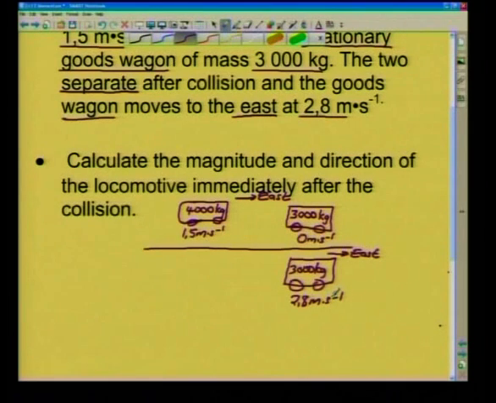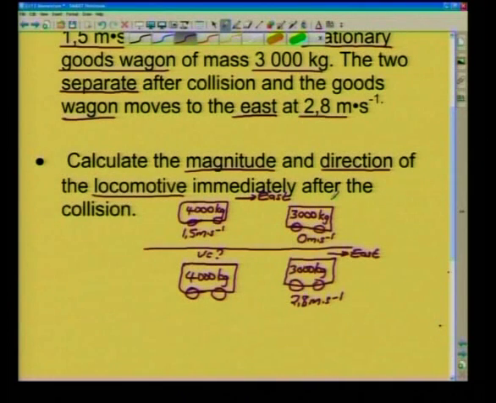All right? And the two separate after collision. So after collision, we see this 4,000 kilogram locomotive not moving together with that. So they separate after collision. But what we don't know is the V of this after collision. We don't know how it has been moving. The question is: calculate the magnitude and direction of the locomotive's velocity immediately after collision.